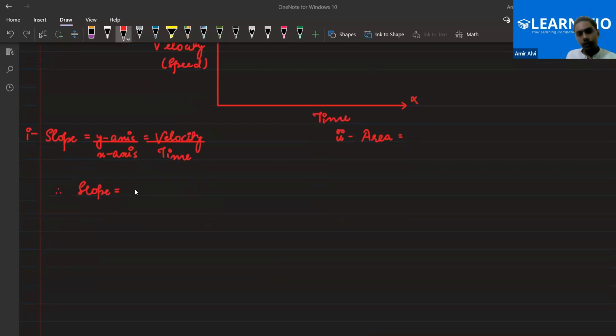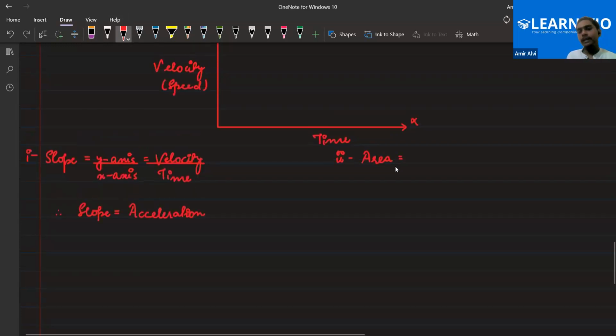So the slope of the graph will give you acceleration. Okay. Now it's time for the area.